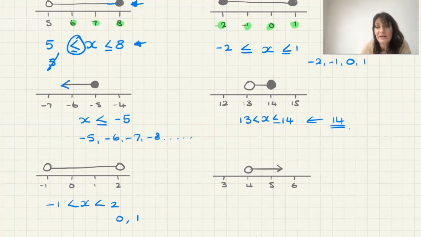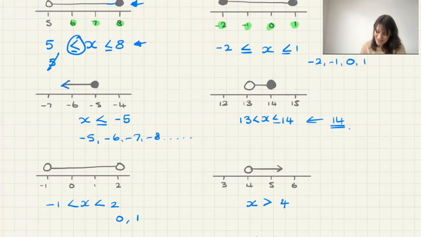So 0 and 1 are the only integer values that satisfy that inequality. This one, we know that it's x, we know that it's 4, it's not equaling, the arrowhead is pointing up, x is greater than 4. And again, we wouldn't list it for that style.